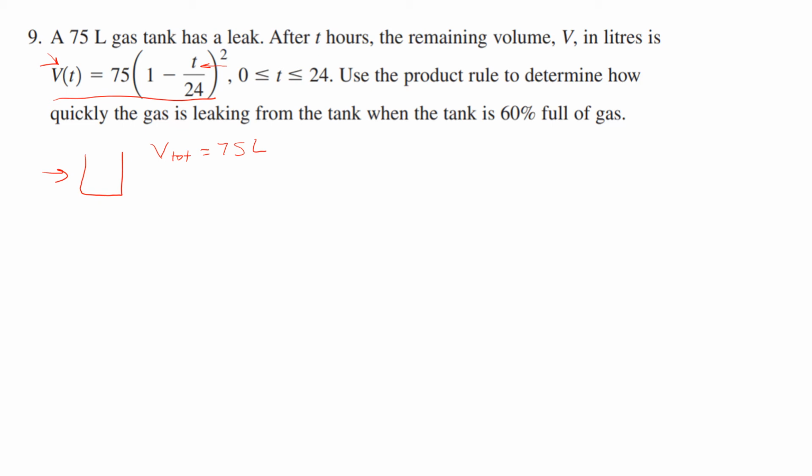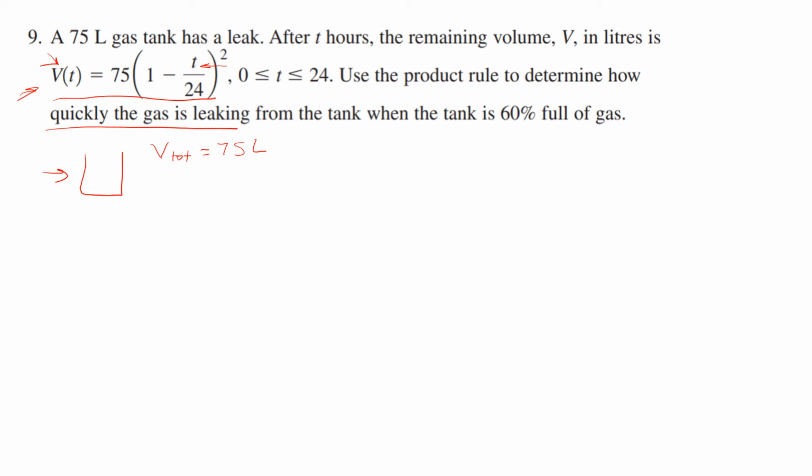So it wants us to use the product rule to determine how quickly the gas is leaking. That's what I'm trying to find. Because this is the equation that represents remaining volume, taking the derivative of that will give us how quickly the gas is leaking.